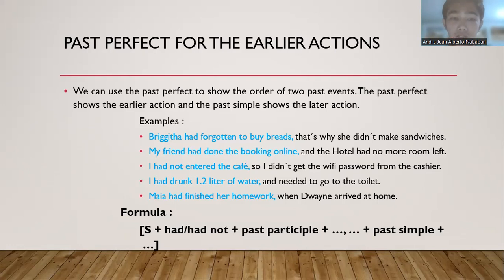The formula is S, which stands for subject, plus had or had not plus past participle plus extra clause at the end, comma, whatever the clause is, plus past simple plus the ending clause that refers to the sentence.